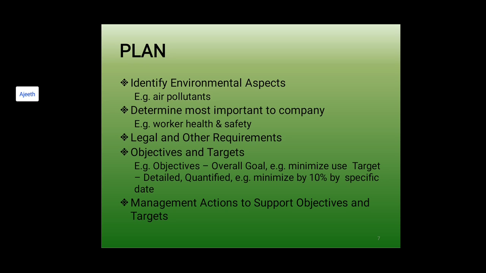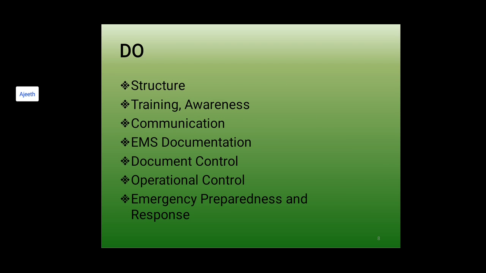Legal and other requirements could be one of the main objectives which could be seen in the plan. Objectives and targets, right? Like overall goal, minimizing use target, for example minimize pollution by 10% by a specific date. Management action to support objectives and targets.